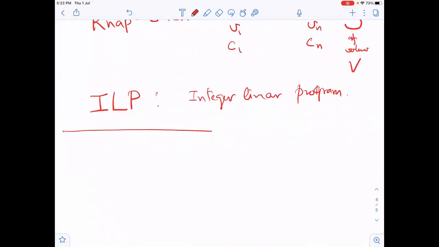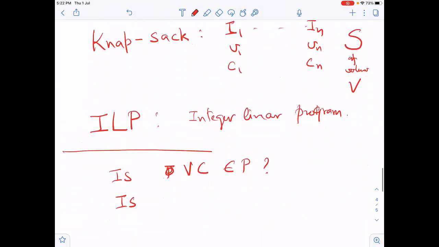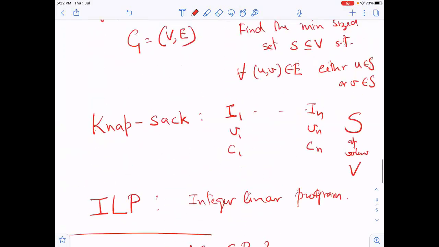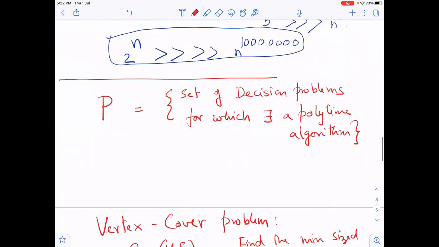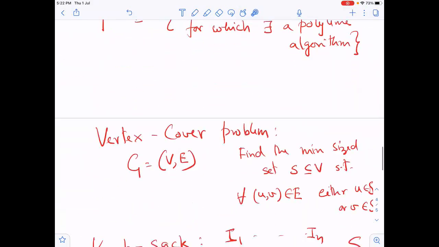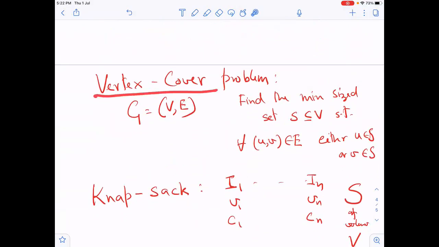Is vertex cover in P? Is knapsack in P? Is ILP in P? When I say P, of course, P is only defined for the class of decision problems. So you have to consider the decision version of the vertex cover problem.